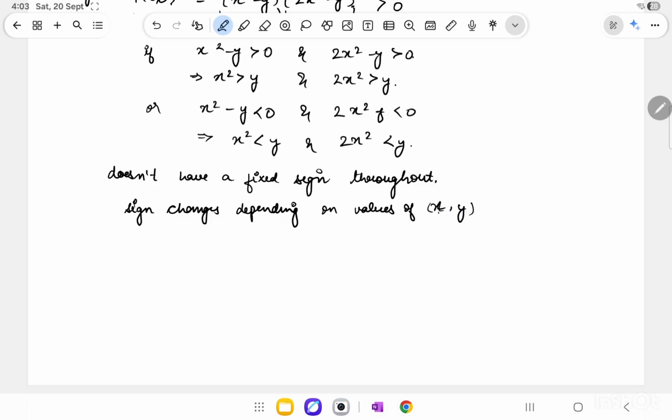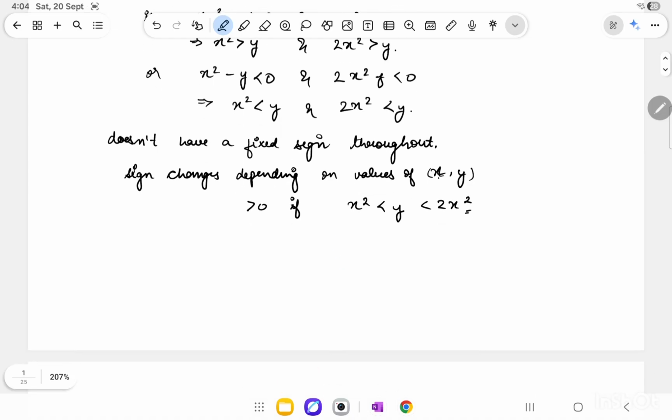That is, it is less than 0 if x^2 is less than y, which is further less than 2x^2, and it is greater than 0 otherwise.